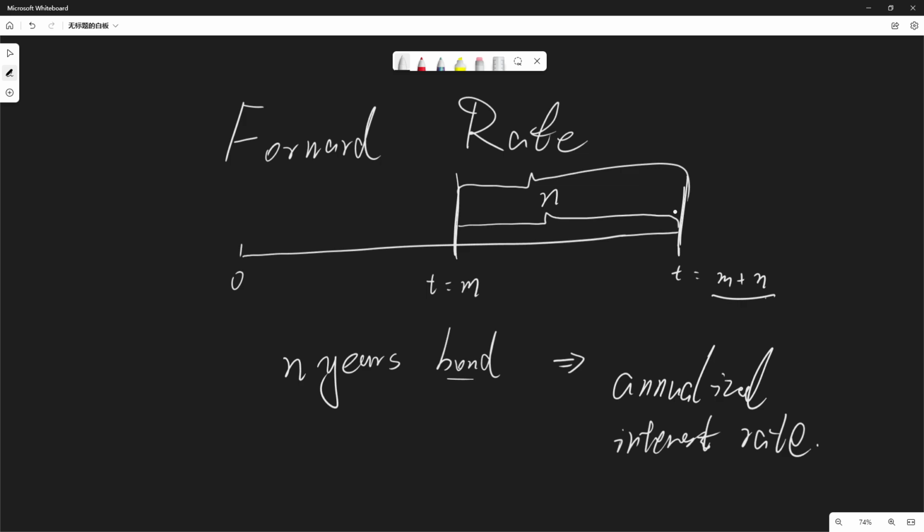But if that bond is a zero coupon bond, the only thing that can give the bondholder is the change of the price. So say that the face value is $1 at the end of time m plus n.